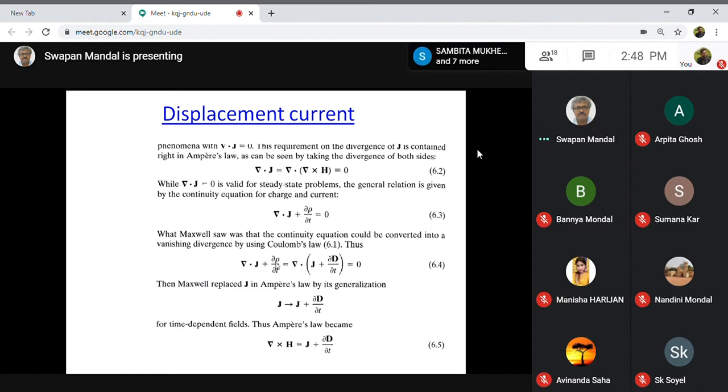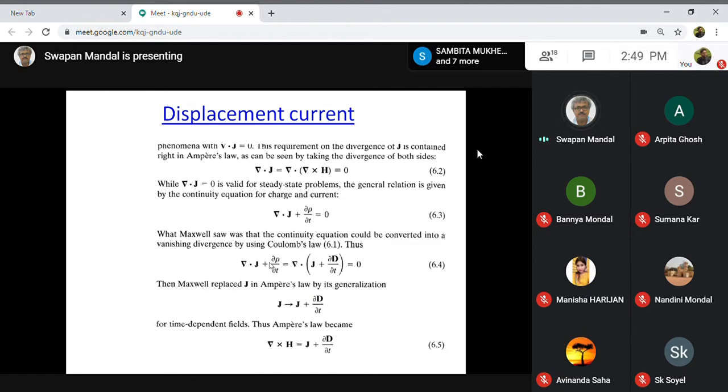In other words, you can make either derivative first, the temporal or the spatial. Since they commute, I can write del del t of divergence of D as divergence of del D del t.